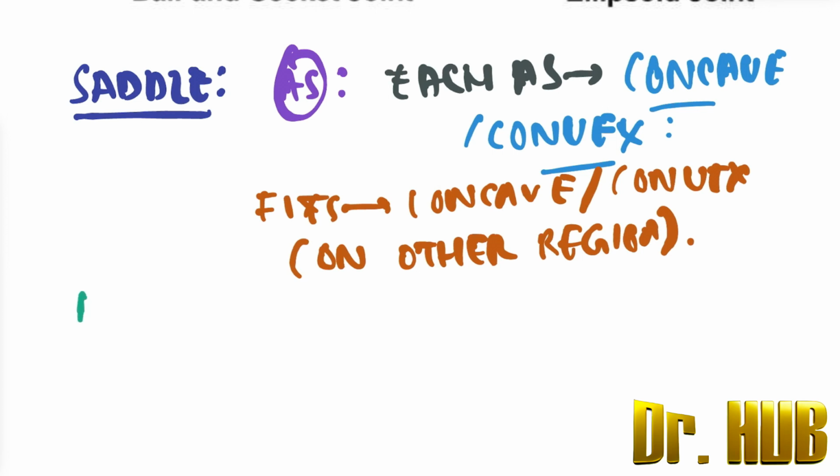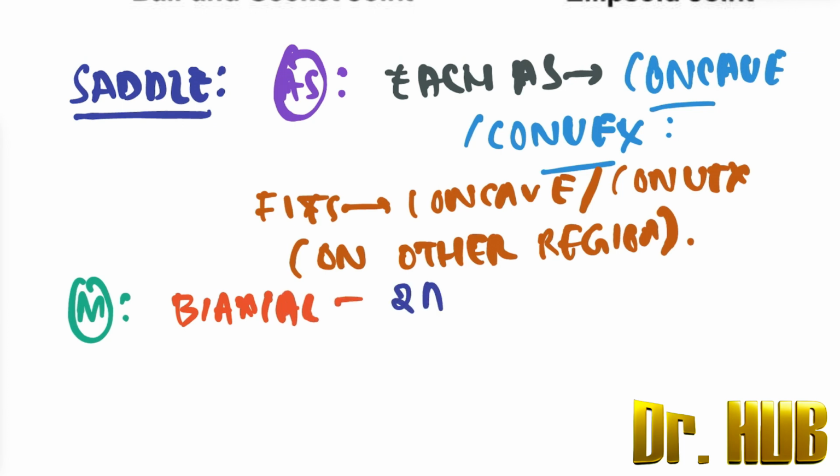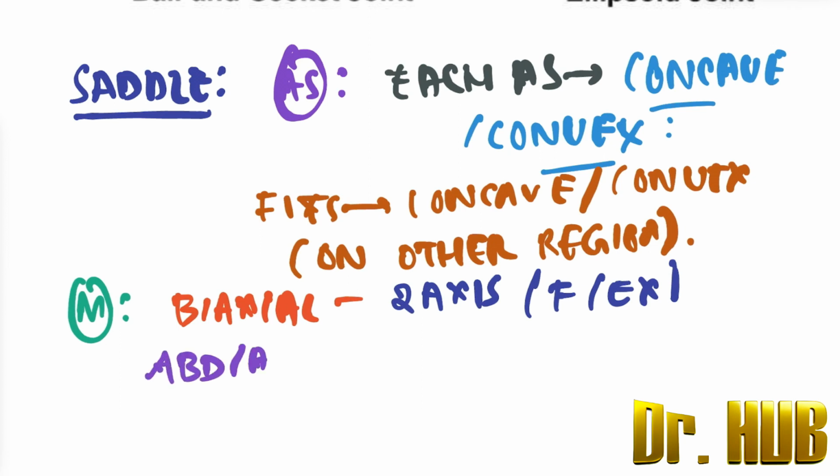Now how is the movement of the saddle joint? The movement of the saddle joint is biaxial. What do you mean by biaxial? Biaxial means it is by two axes. So it involves two axes, and there is flexion as well as extension, abduction as well as adduction, and very limited coupled axial rotation.